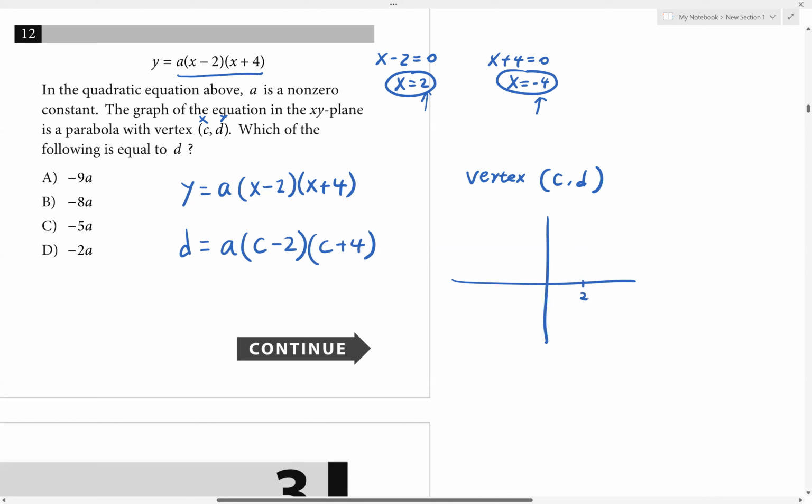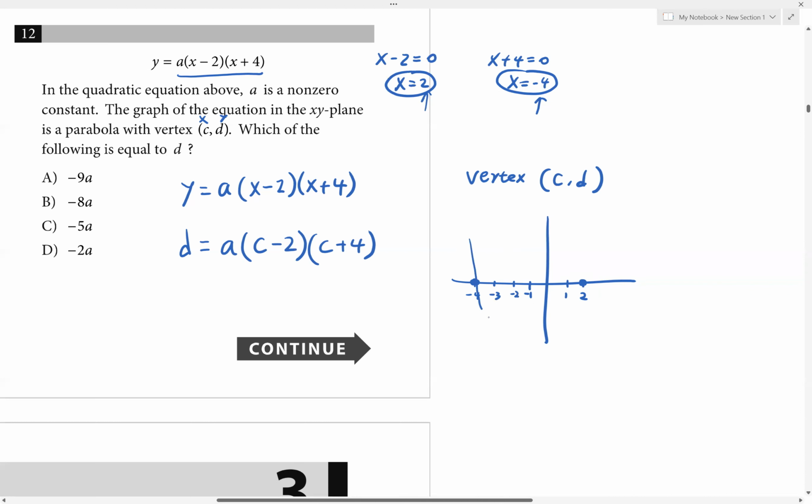So we should have a point at 2 and another point at -4.